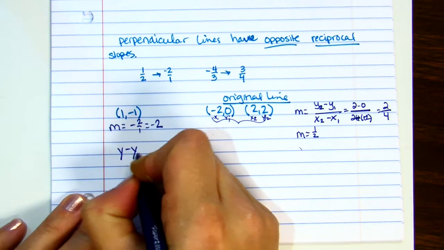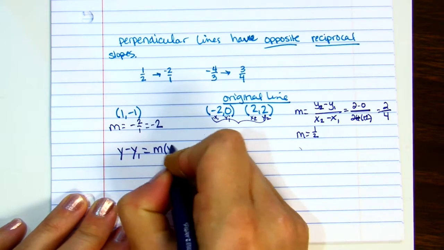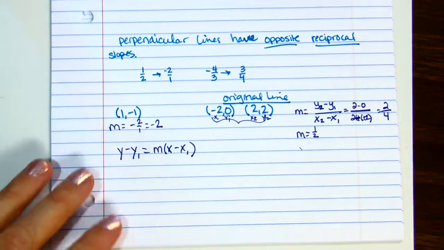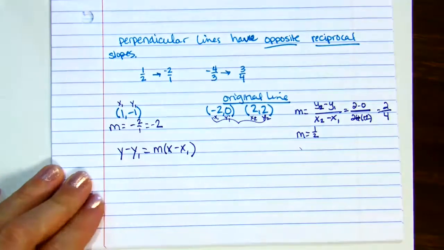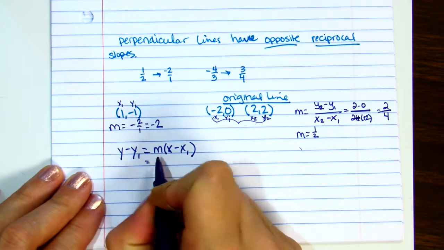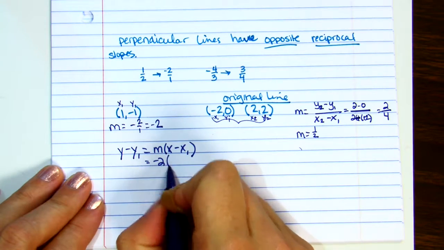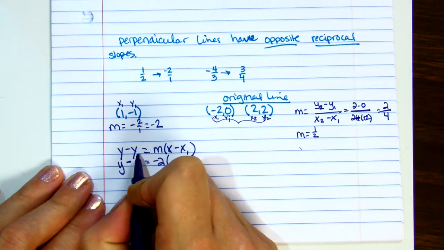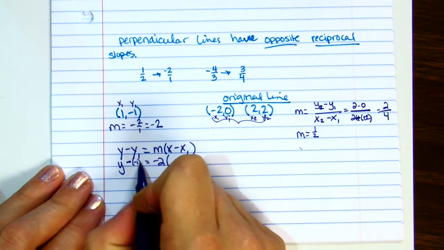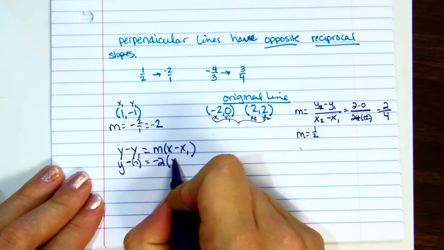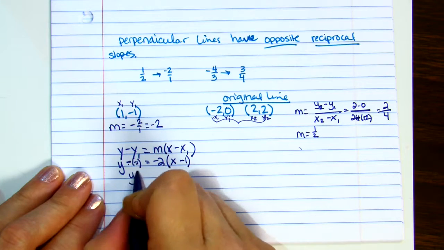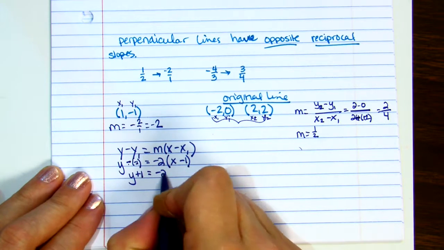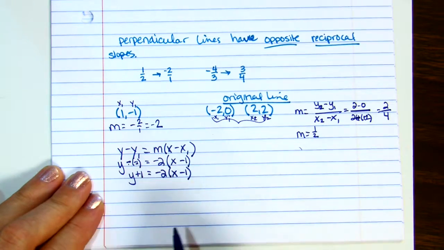So let's use this point-slope form. And this is going to be my x1 and my y1. So put in -2 for m. y minus -1 equals -2 times x minus 1. Subtracting a -1 is the same as adding 1. So y plus 1 equals -2 times x minus 1.